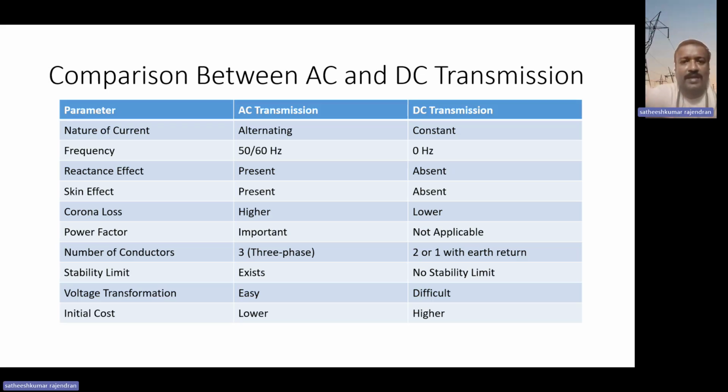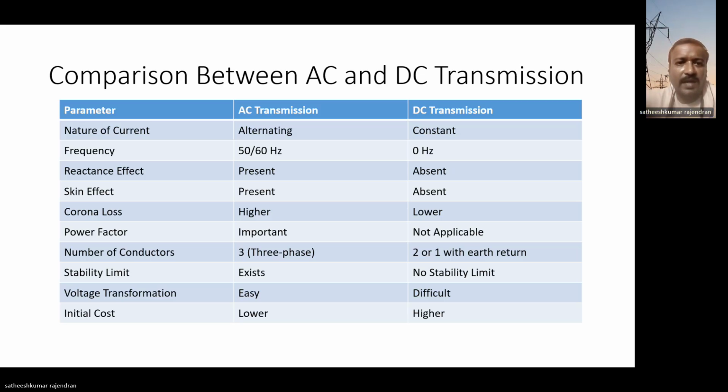You already know that it is alternating current for AC, and constant current and voltage for DC transmission. In terms of frequency, you know that it is 50 to 60 hertz, 50 in India and 60 hertz in countries other than India. And in DC transmission, there is no hertz because there is no frequency; it is constant voltage and current.